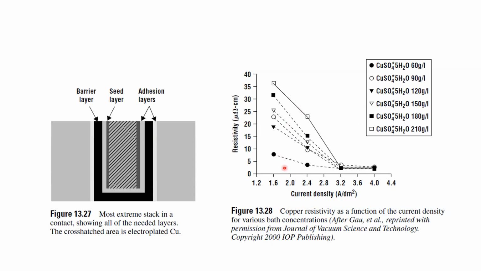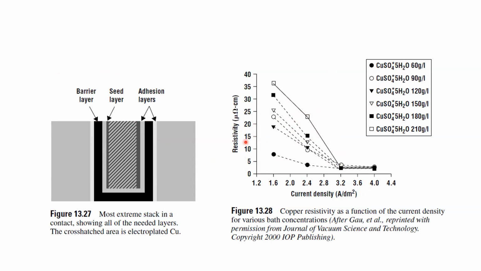This figure shows the resistivity as a function of the current density in the solution, and also as a function of the bath concentration. Resistivity is important for metal interconnect.